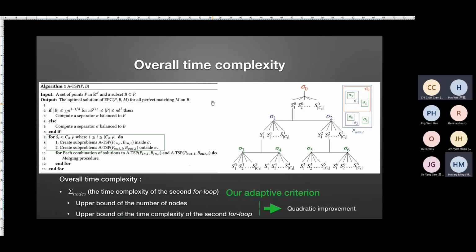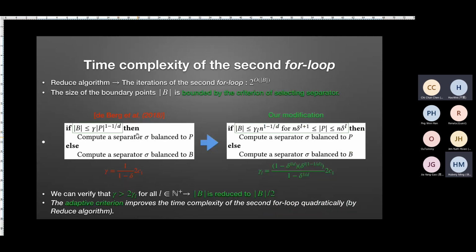Why is that? Because if the size of the boundary points is too large, then we will make a separator balanced to the boundary points, and that could reduce the size of the boundary points efficiently.